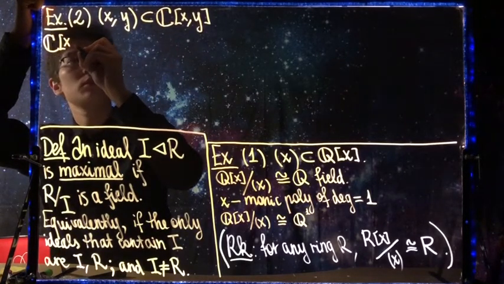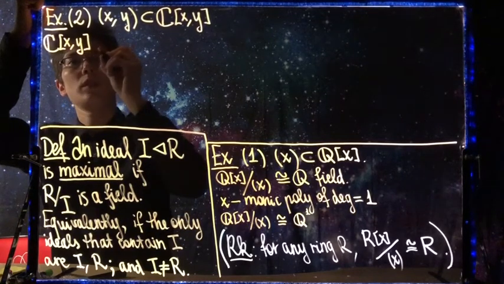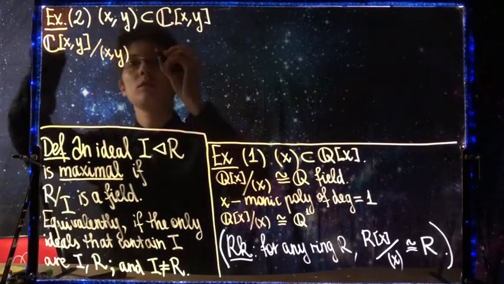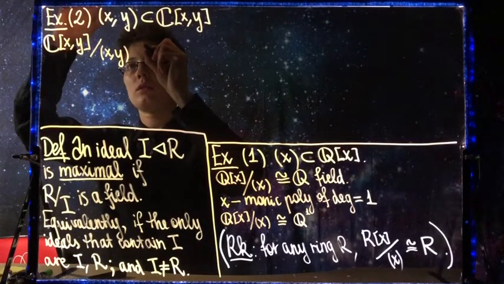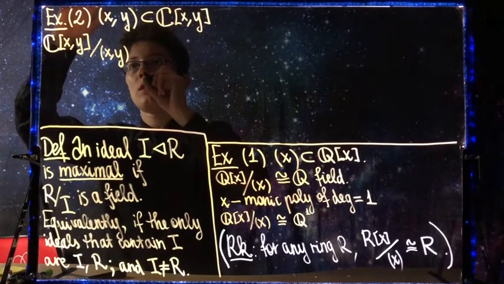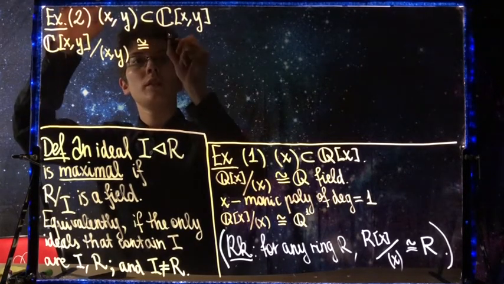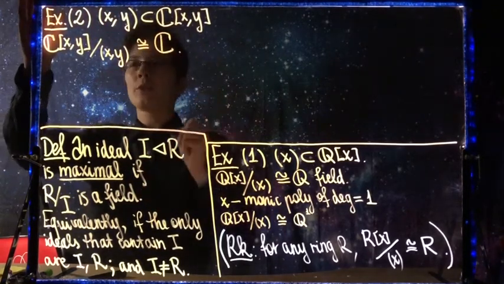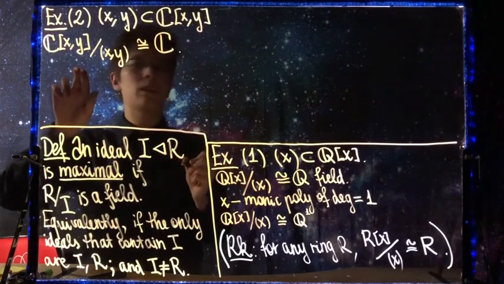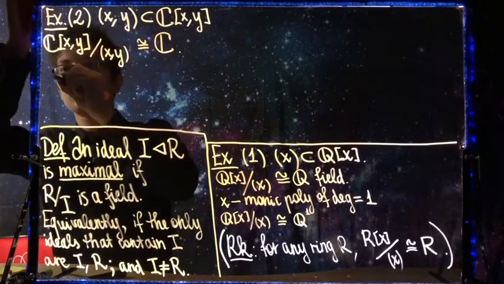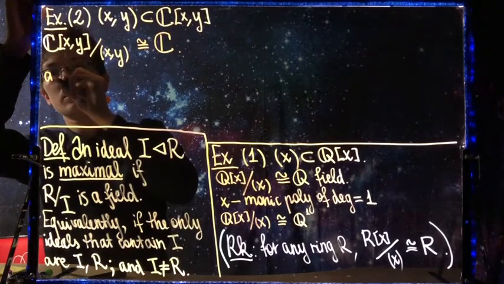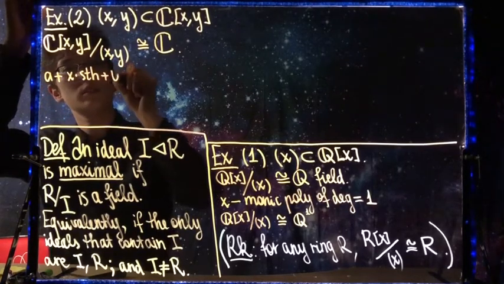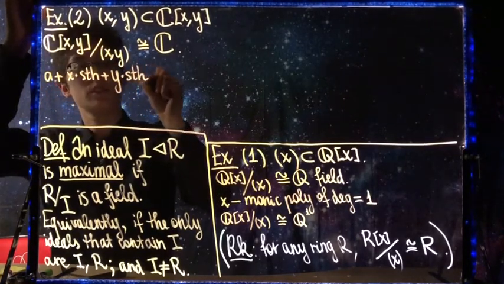C[x, y] mod (x, y). We can see that it is C by observing that every polynomial is a constant term a plus x times something plus y times something.